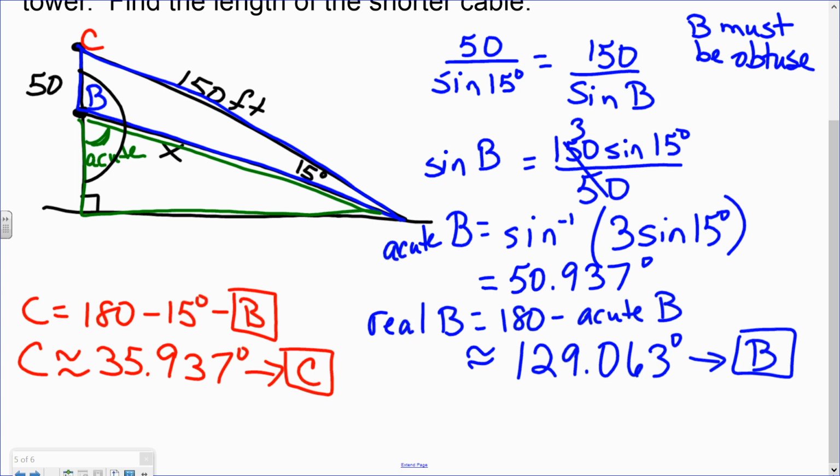X over the sine of this C that we've stored has to be the same as 50 over the sine of 15 degrees. Everybody comfortable with that?